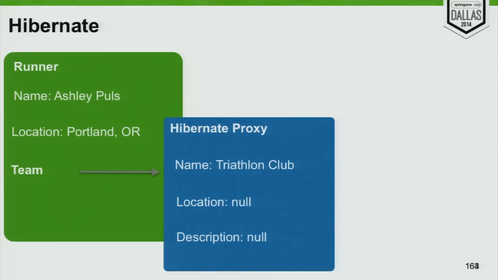What this essentially is, it's giving you the foreign key, but it's not loading any other information from that team table. The reason to do this is that if you have a runner, and then you load the team that the runner belongs to, and then the team has a list of all the runners that belong to the team, and then you end up loading all those runners, suddenly you've blown up your memory because you're loading half your database.